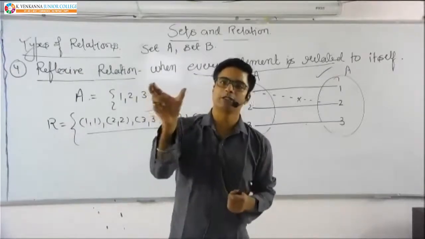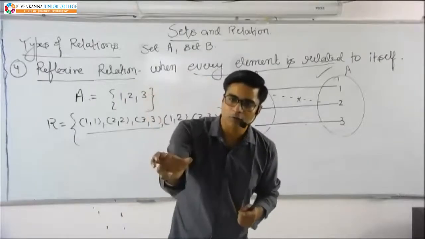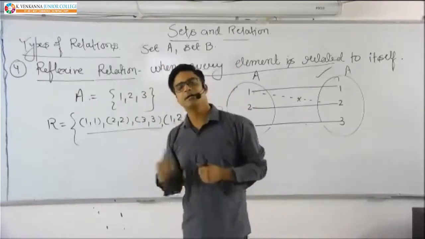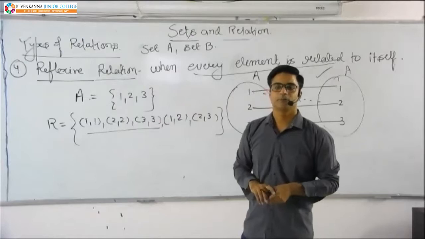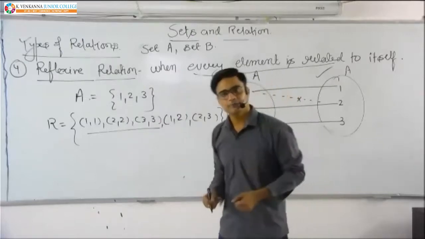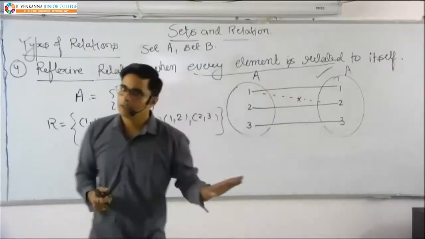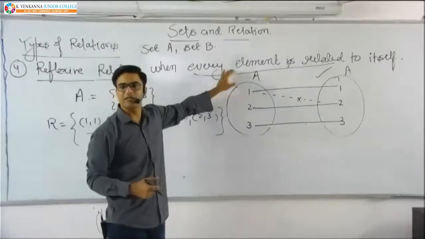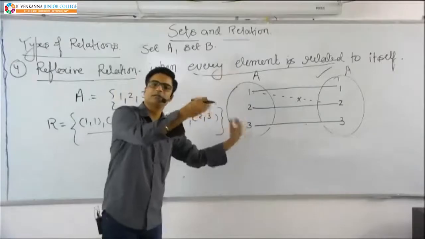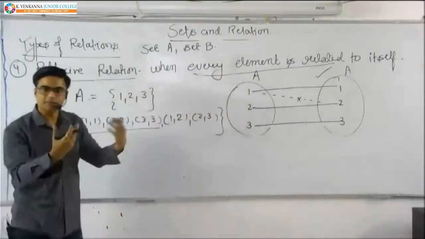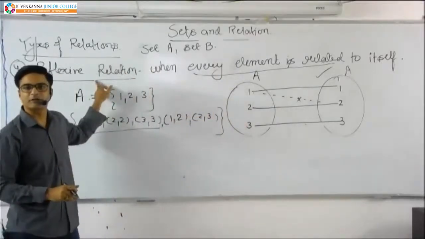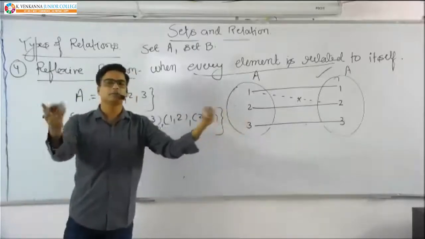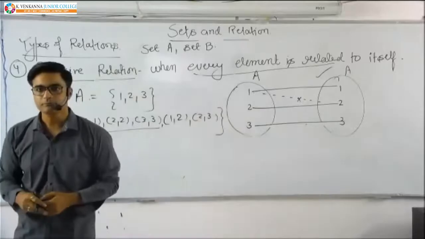But the minimum condition must be satisfied, that your homework and your classes must be properly attended and done. If that is satisfied, then it is a reflexive relation. So here also, if this minimum property is satisfied, that every element is connected with itself, then that is enough for this reflexive relation. After that, if something else is happening, no issue, right?